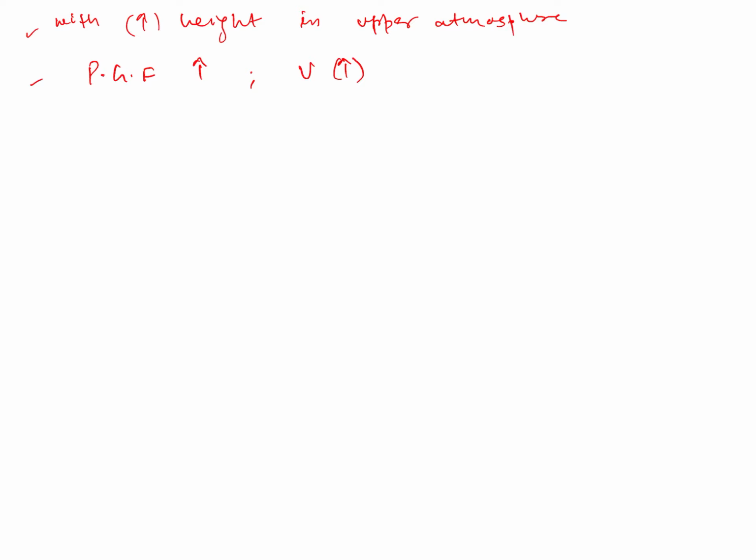Now, the four cases we are observing with increasing height in the upper atmosphere, where the PGF is from equator towards pole. What is happening because of the baroclinic curve with increasing height? We know the pressure gradient force is increasing. As the pressure gradient force increases, the velocity of the wind also increases, because the stronger the PGF, the stronger the wind.